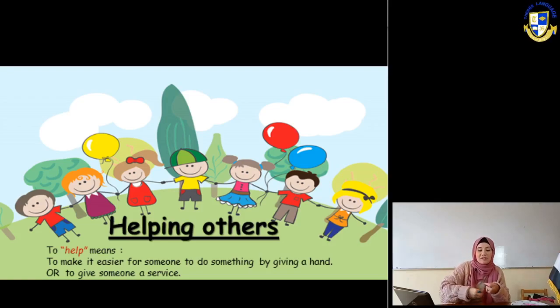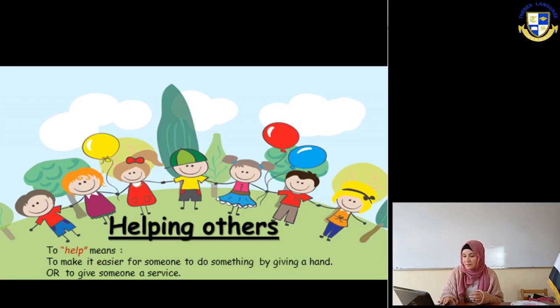You are helping someone to make it easy for him to finish, okay? By giving a hand, or give someone a service. When you help someone, you are giving him a service and you are making it easier for him to learn something, to do something, to talk about something. You are helping him, okay?